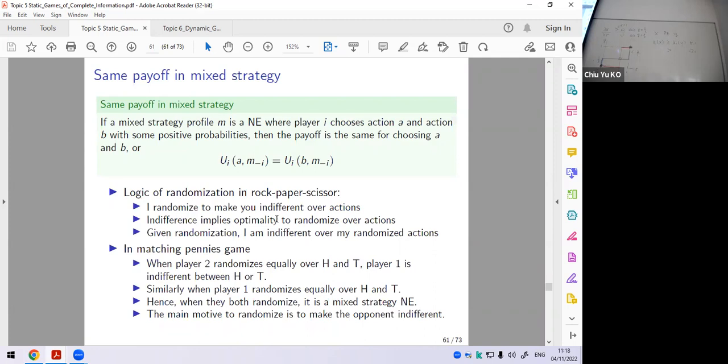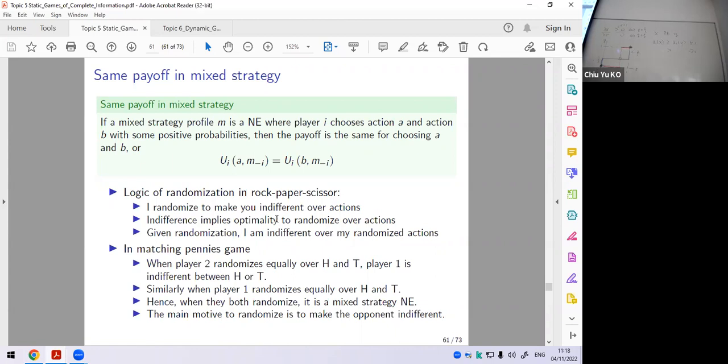And when you mix things here, you are mixing them, right? You are tossing a coin to decide what to do, right? It means that it doesn't really matter which one you're choosing. If one is strictly better, then you would choose that. You would not toss a coin.